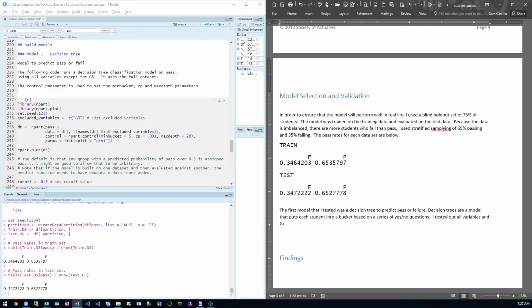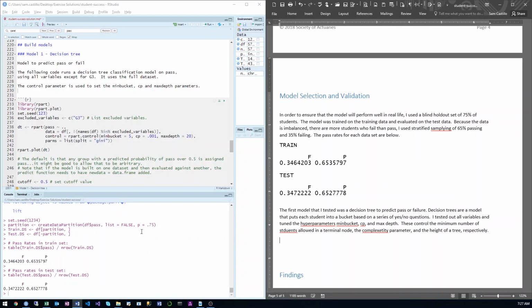and tuned the hyperparameters min bucket, CP, max depth. These control the minimum number of students allowed in a terminal node, the complexity parameter, and the height of a tree, respectively.